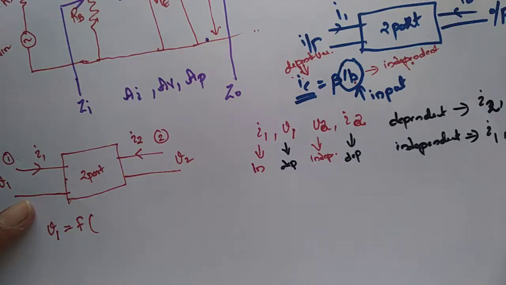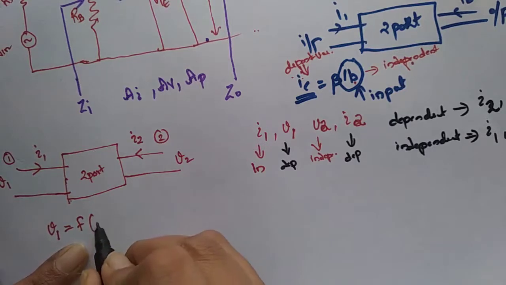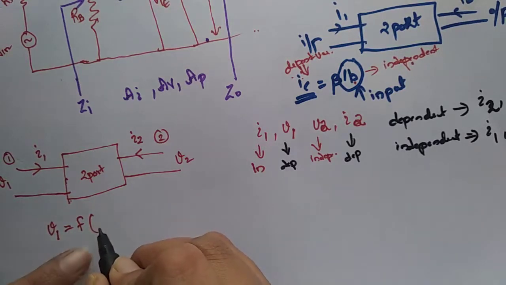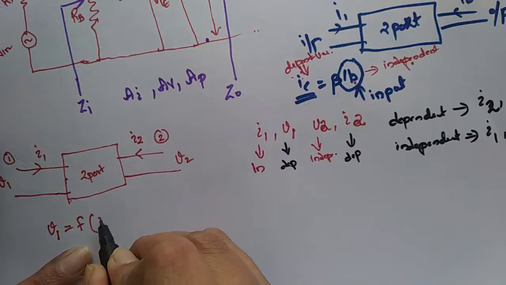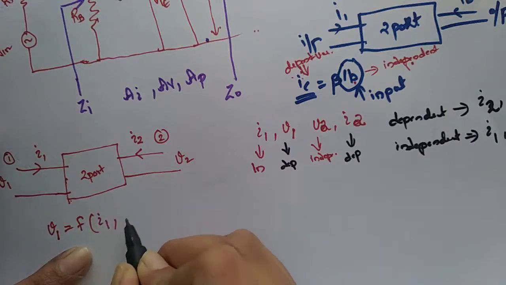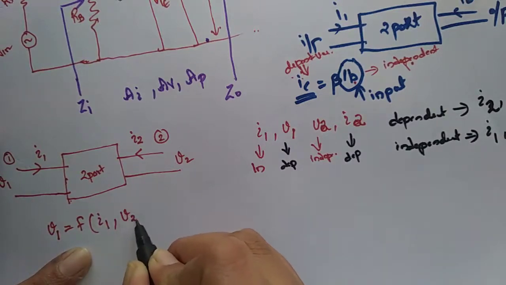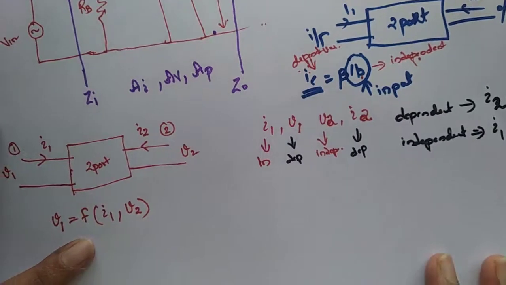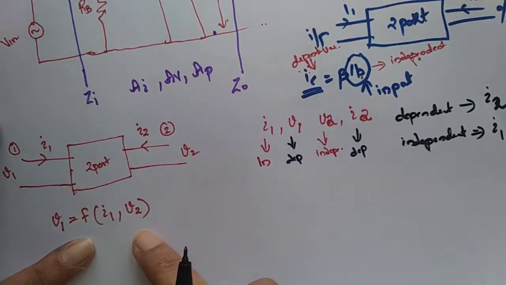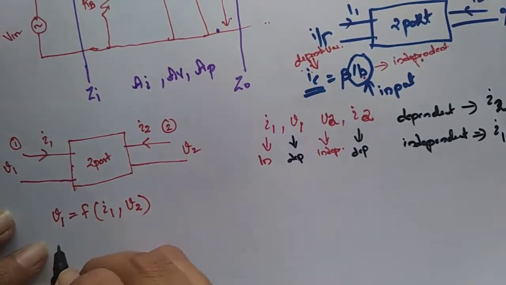That is VCE is equal to VCC minus ICRC, where IC is the output current and IC is beta times IB. So V1 is a function of my independent parameter I1 as well as the output voltage V2. I can write it like that because these two are independent.